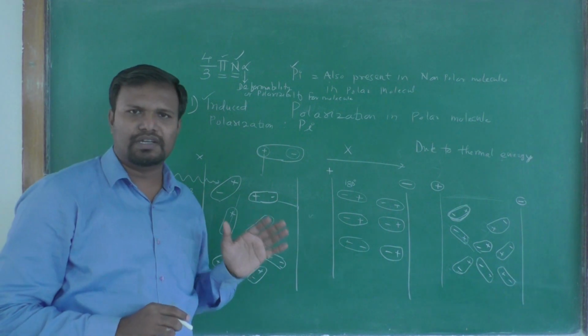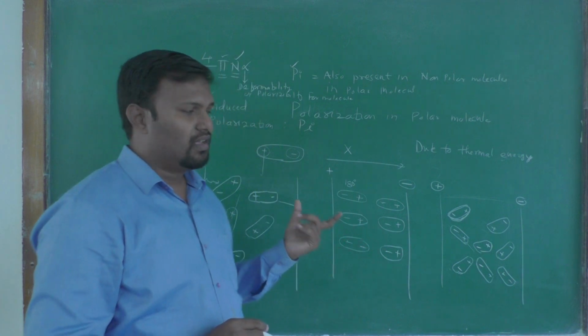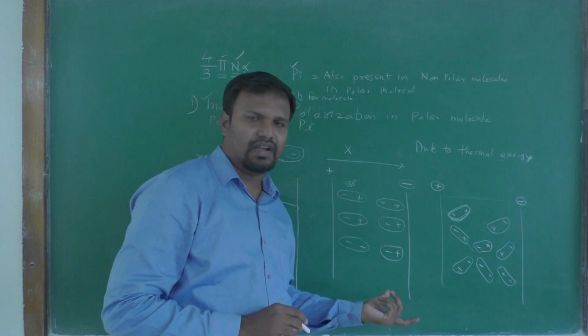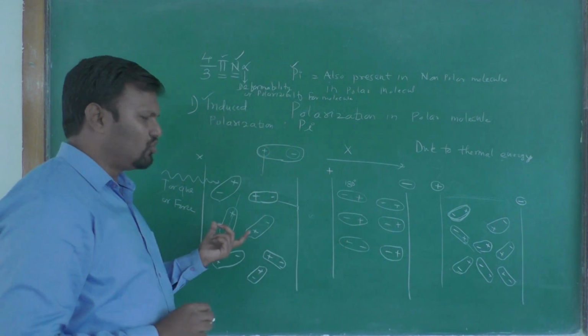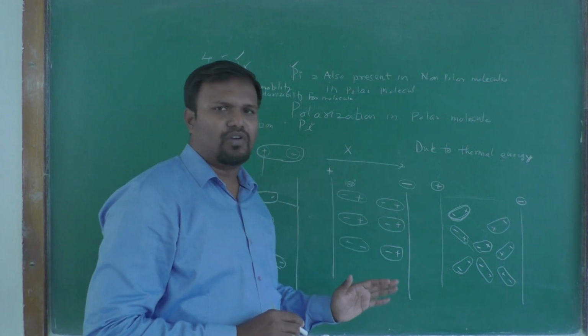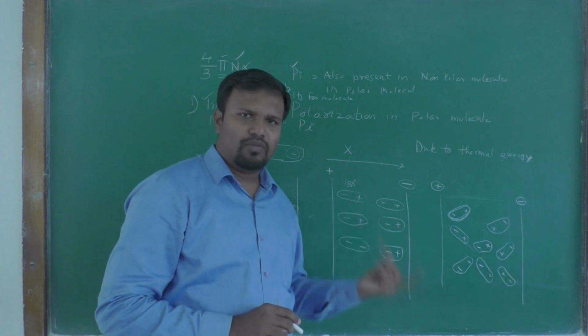A permanent dipole moment is present only in a polar molecule. Therefore, such orientation between the electric field and the original position is produced in polar molecules only, because they have the permanent dipole moment.